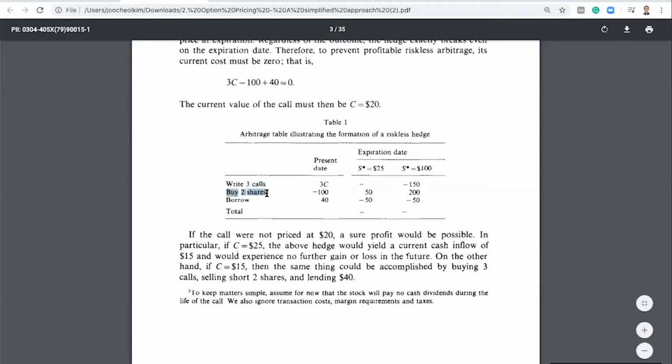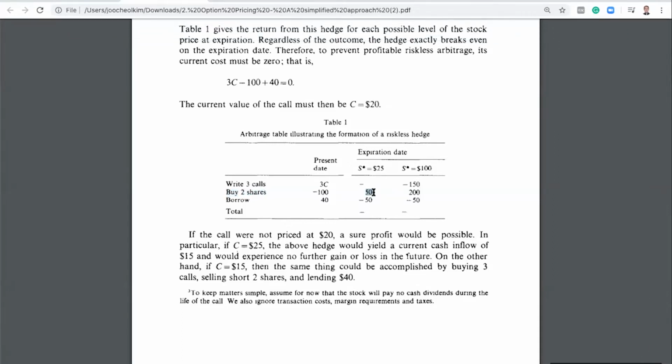Now I'm going to take the other position, for the stocks. Since I bought 2 stocks, on the expiration date, no matter what, I'm going to sell them back. The price of each stock is $25, and I have 2 of them, so what I get is just $50, 2 times 25.